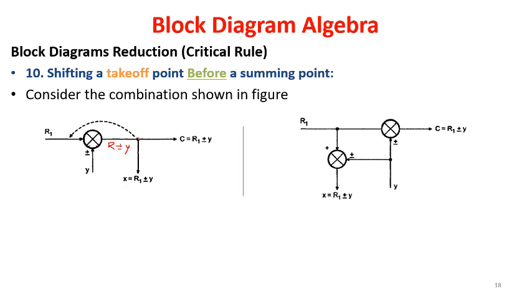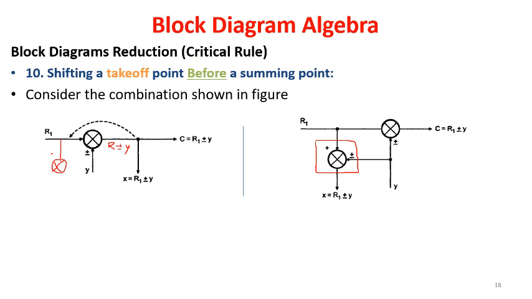The same thing has to prevail in the modification. So whenever you are modifying the takeoff point before a summing point, again we have to bring one additional summing point here, and in this case there is no need to change the signal. Here I am drawing and showing what is existing.